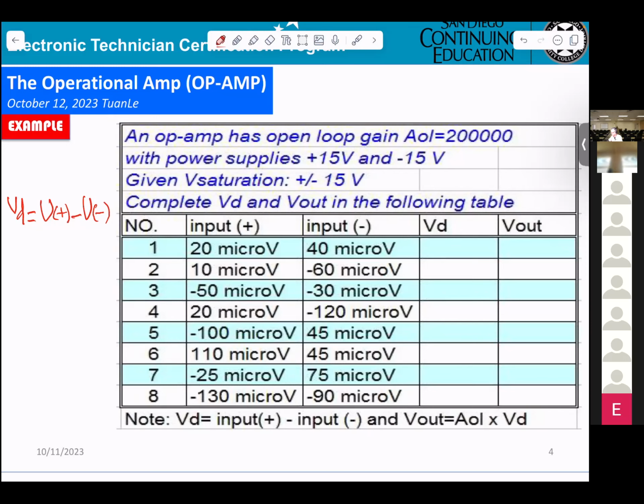Positive 20 microvolt, negative 40 microvolt. Negative, VD, negative 20 microvolt? Exactly. 20. And then they want to know what the V out is.